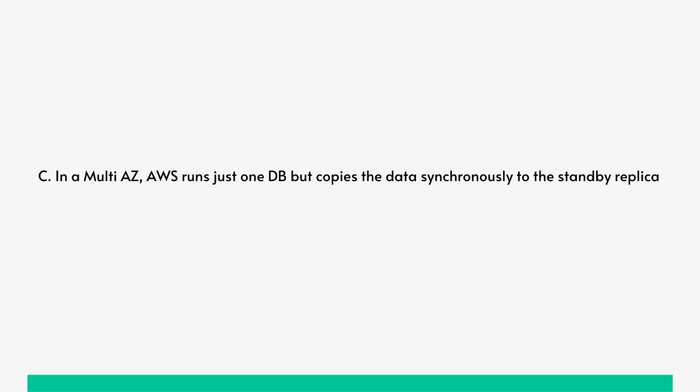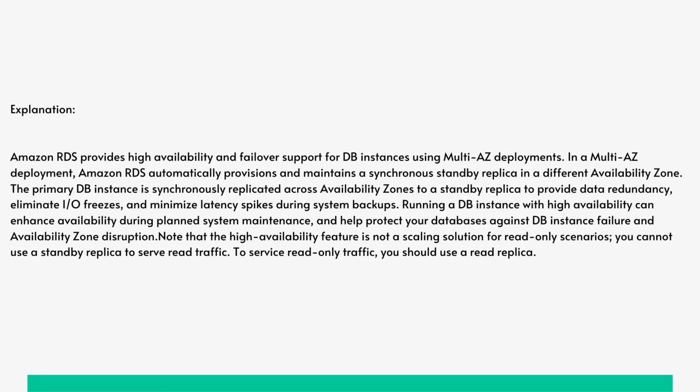The correct answer is C. In a multi-AZ, AWS runs just 1 DB but copies the data synchronously to the standby replica. Explanation: Amazon RDS provides high availability and failover support for DB instances using multi-AZ deployments.